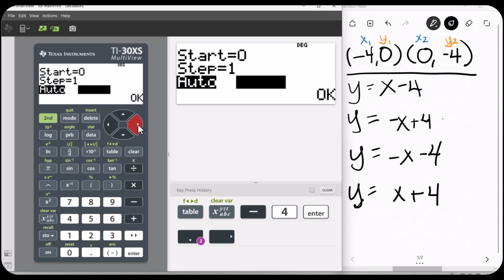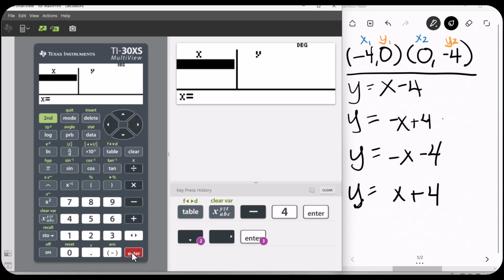So I'm going to tell the calculator, help me find the correct equation that will spit out 0 and -4. So once your cursor is over ask X, I'm going to hit enter to make sure it's highlighted. Hit enter again to go to OK. And now we're at the table.